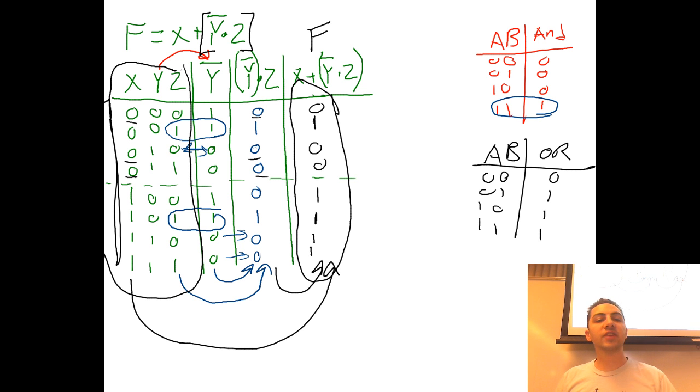If we were to represent this graphically, I need a new page. There we go. F equals X or Y bar Z. We have to pay attention to our order of operations.